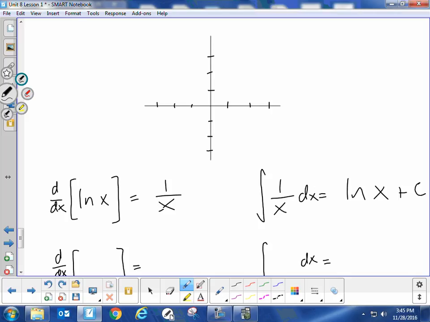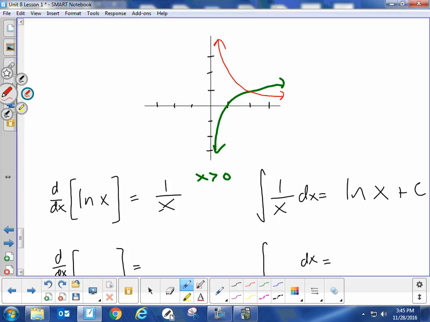There's a problem here. The problem is that log is only right here, only for x greater than 0. So when I tell you the derivative of log is 1 over x, it's actually just 1 over x for those values. 1 over x looking like this.